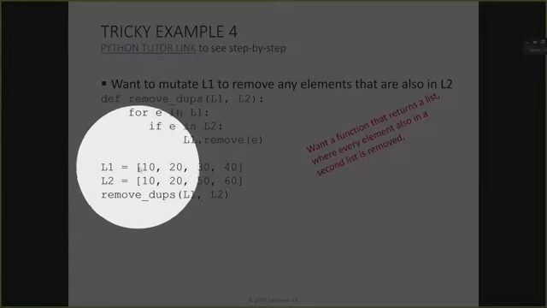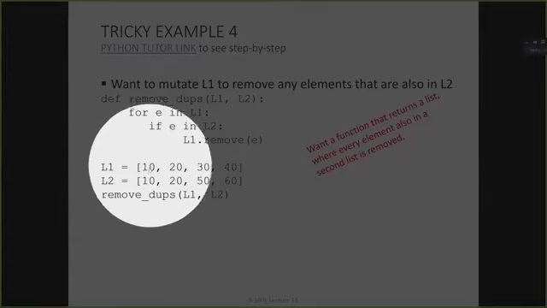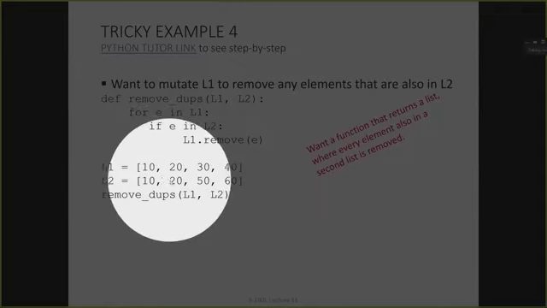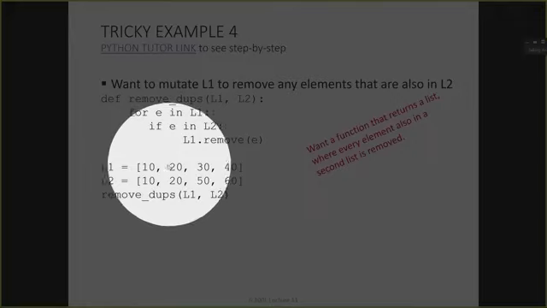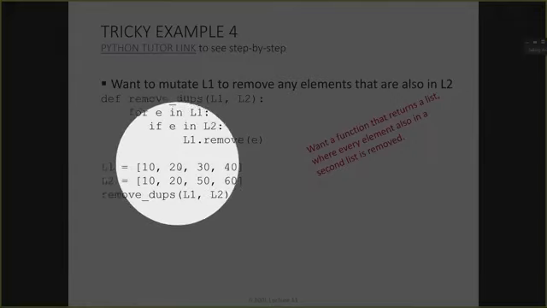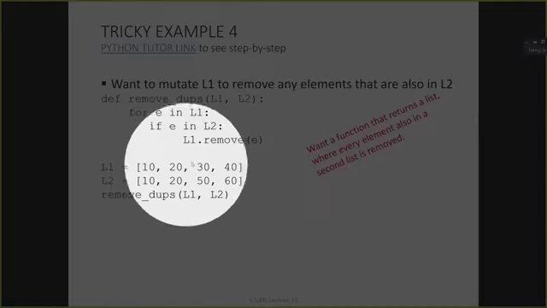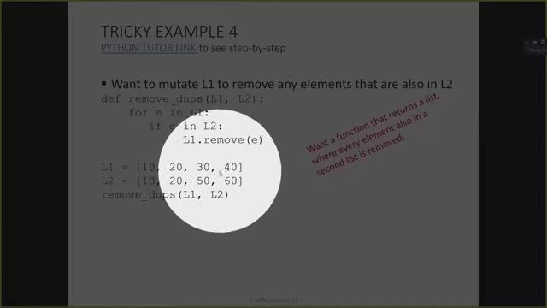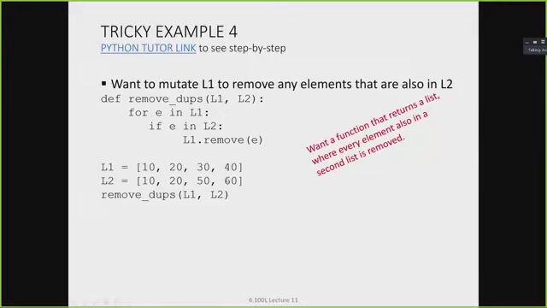And the way I want to mutate L1 is such that if an element in L1 is also in L2, I want to remove it. Right? So the 10 and the 20, notice, are common to L1 and L2. So I would like to remove the 10 and the 20 from L1. The 30 and the 40 stay because there's no 30 or 40 in L2.